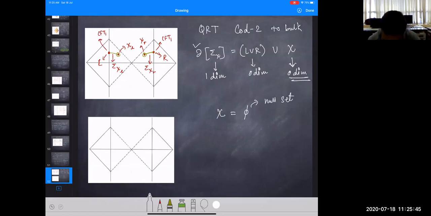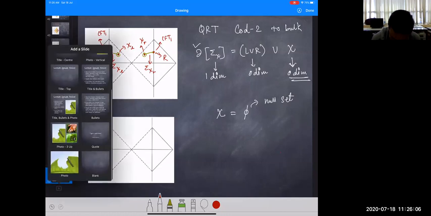What does that mean? That means that if you have these two points as your system, these two points are just, I'm not sure what's happening. Just a minute. Maybe let me just go to the next page.